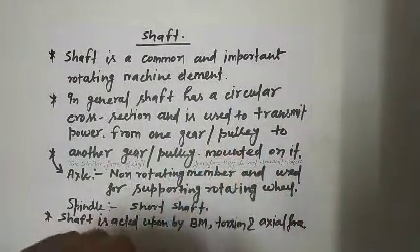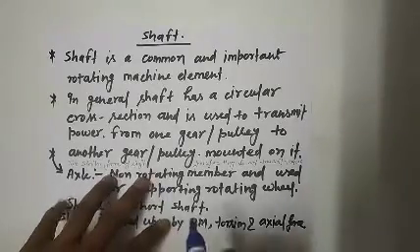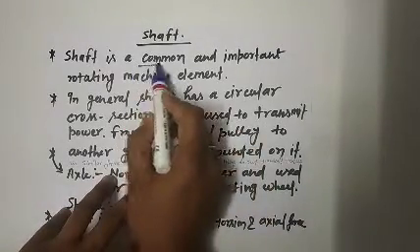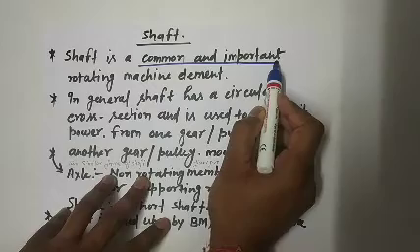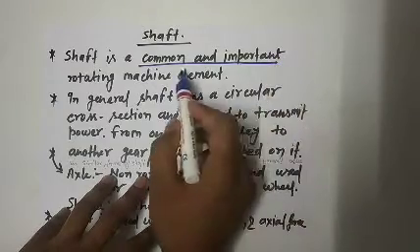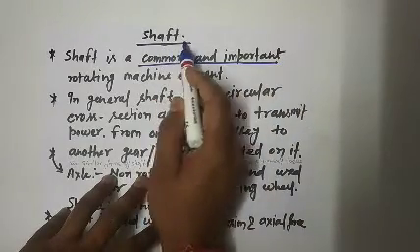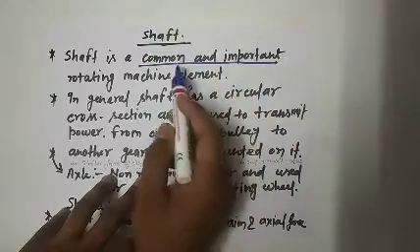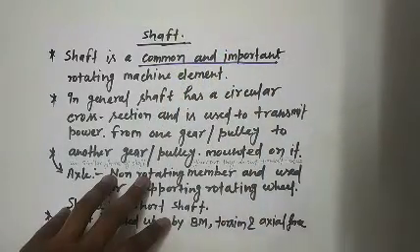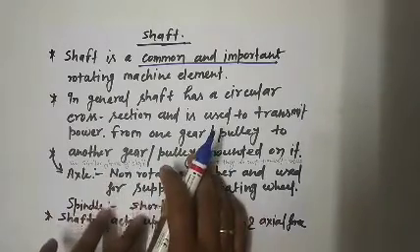Shaft is a common and important rotating machine element, right? Because up to this standard, we are introducing the concept of shaft for the first time. So it is a common and important rotating machine element. Why is it important?